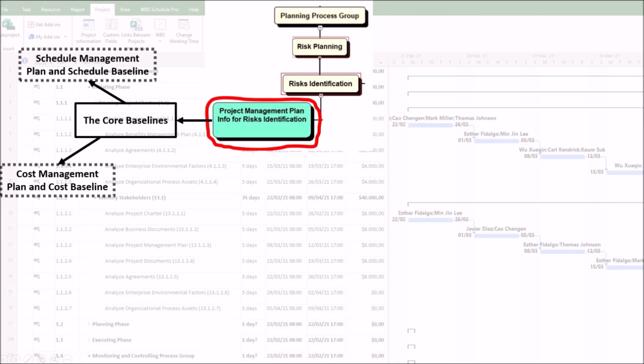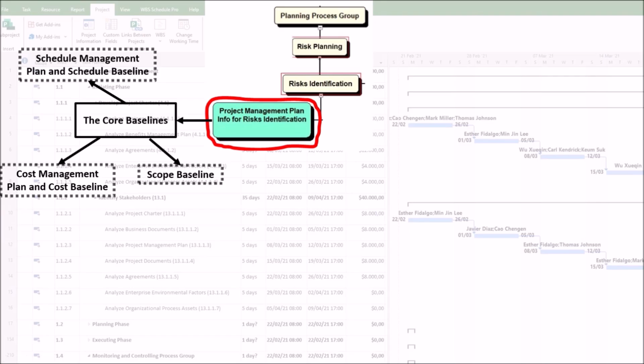Second, Cost Management Plan and Cost Baseline. This helps identify financial risks, such as cost overruns, fluctuating currency rates, inaccurate estimates, or budget constraints. For example, the inflation rate could increase material costs beyond our contingency reserve.